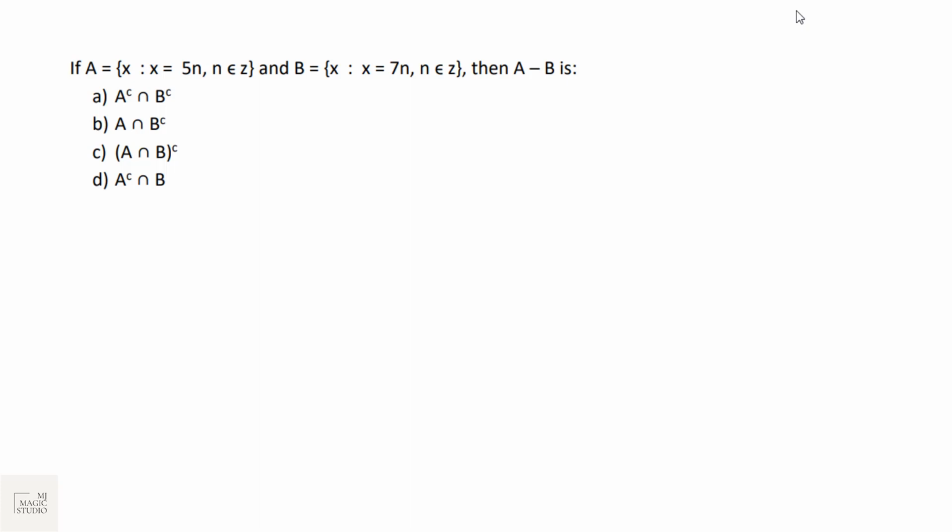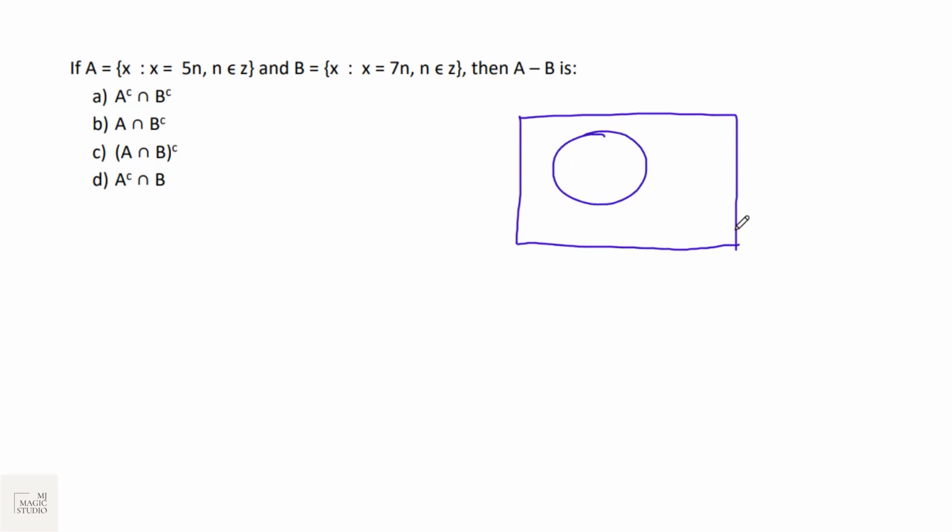Let us take a classical look at set theory Venn diagram in case of two sets. Before moving into this question, let us see that if we have two sets A and B, and the rectangle is the universal set, then we can see 4 parts in this diagram. You can see this 1, 2, 3, 4. And what are these parts known as?